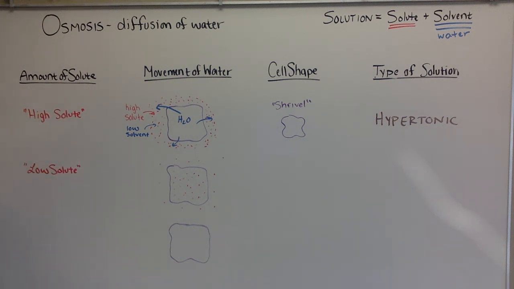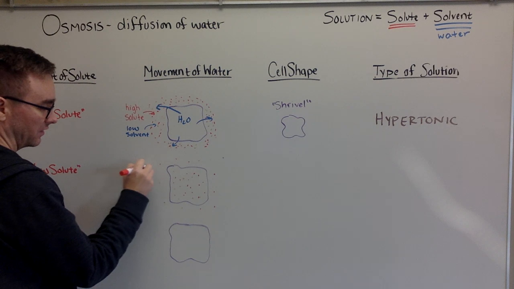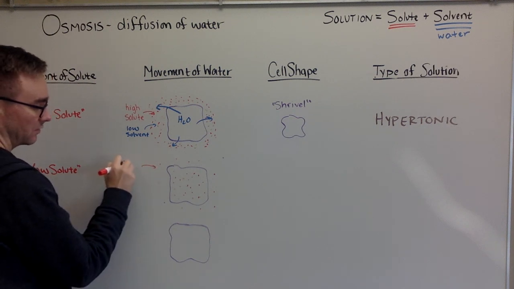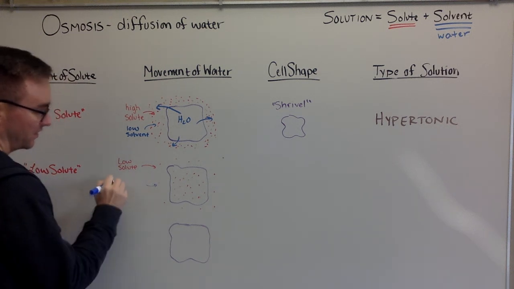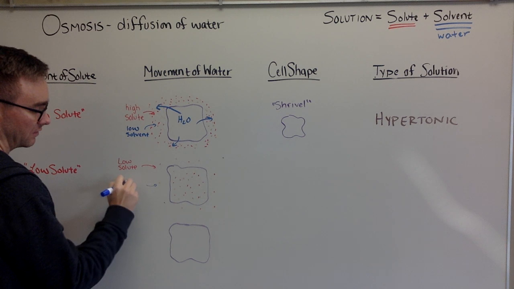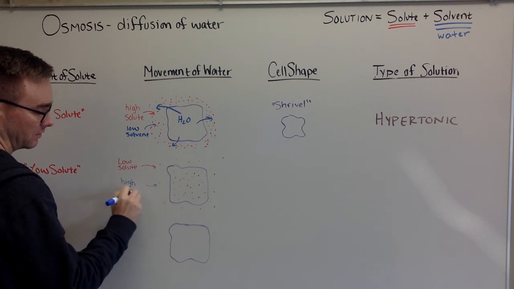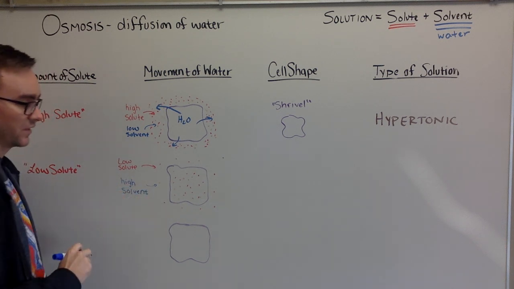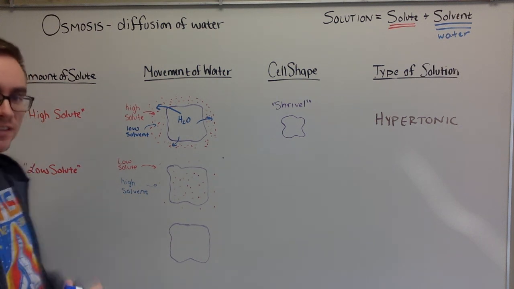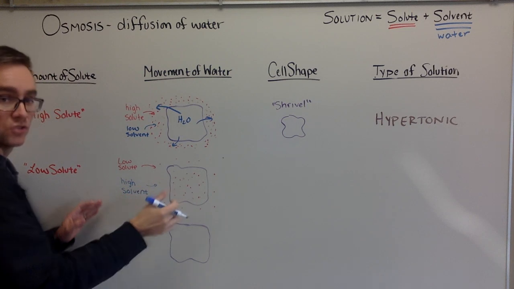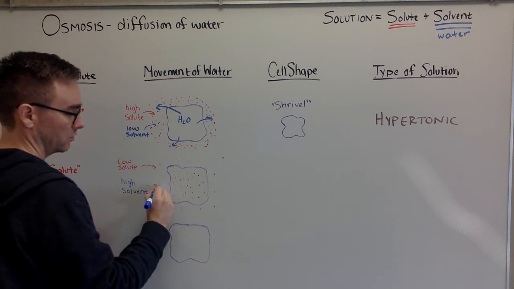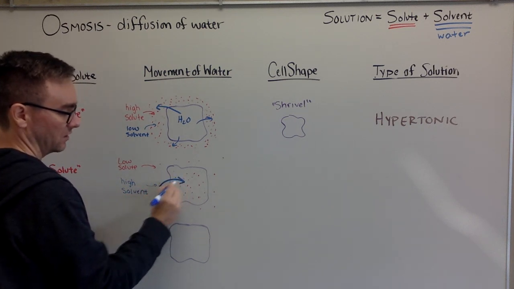What that's going to do, if this out here on the outside is low solute, that means out here on the outside we have high solvent. If we have high solvent on that solution, that means the water is going to go from high to low. In this case, the water is going to rush in.